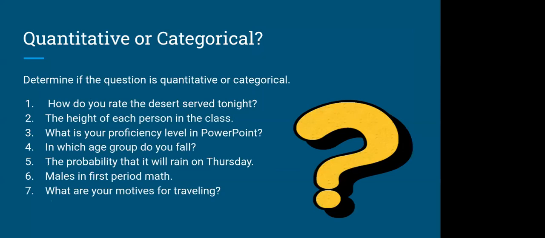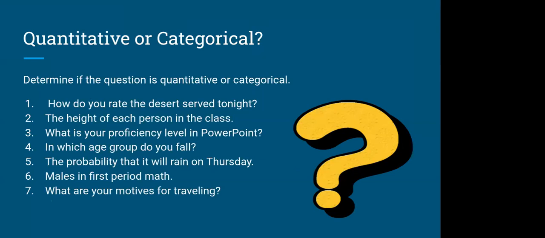So now, the first question, and whatever we don't get to today, we will definitely open up with on Monday. All right, so the first question, how do you rate the dessert served tonight? First, is it quantitative or categorical? Categorical.